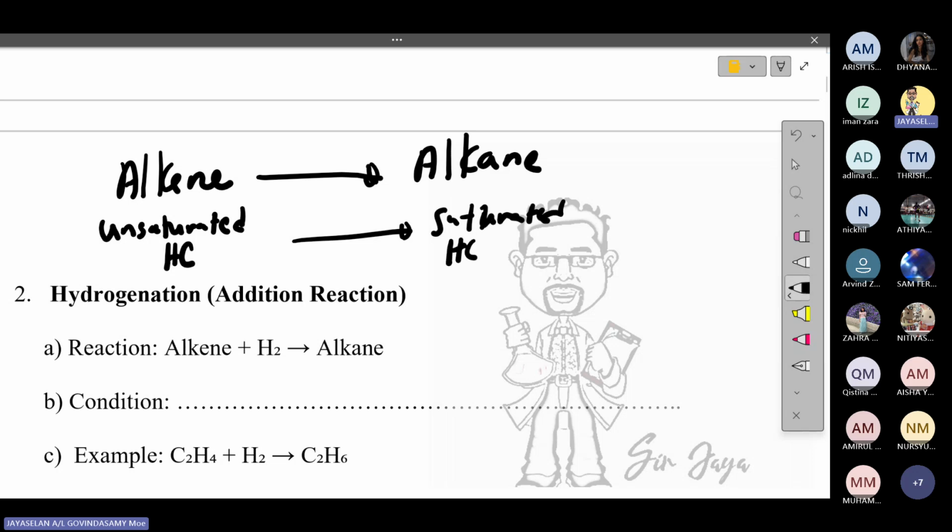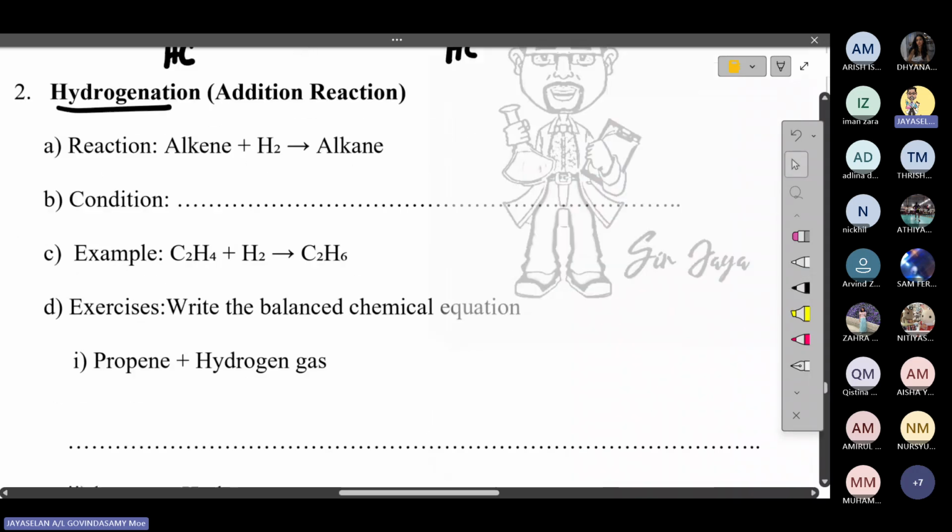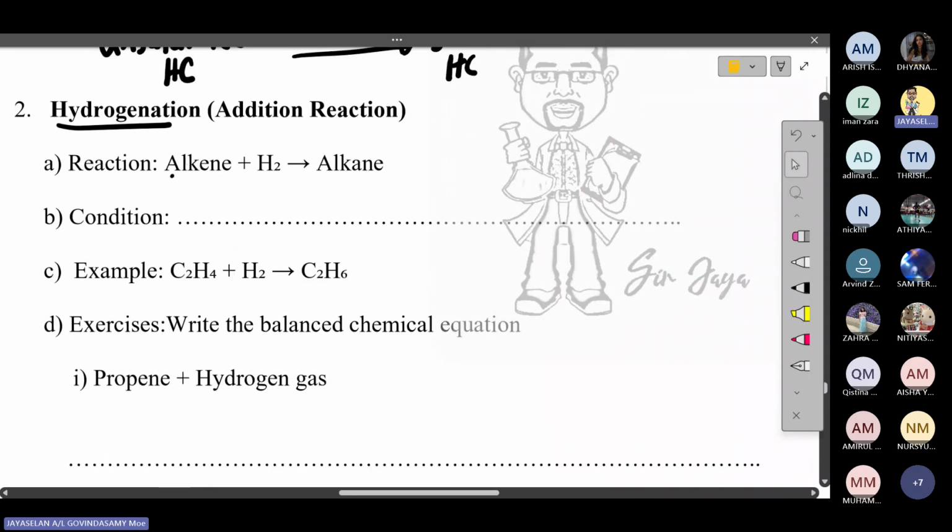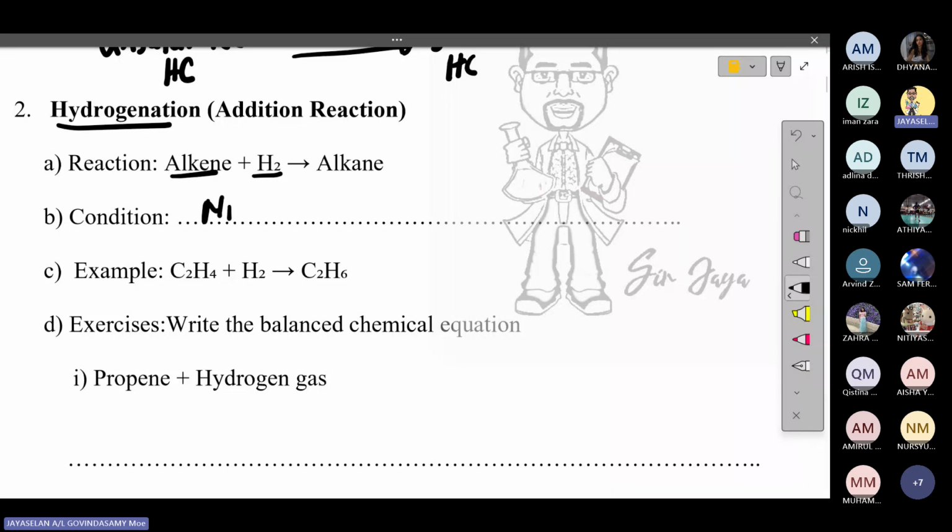They will ask like this: the name of the process to convert alkene to alkane, or unsaturated hydrocarbon to saturated hydrocarbon, by adding hydrogen gas. What is the name of the reaction? Hydrogenation. Must memorize. Very simple. Alkene, you add hydrogen gas in the presence of what?